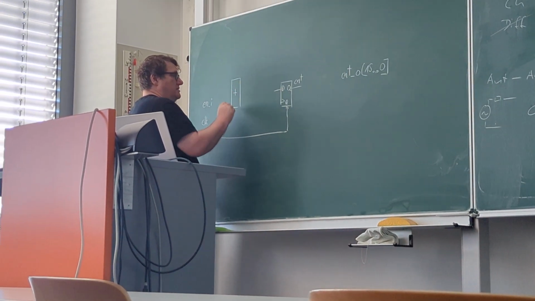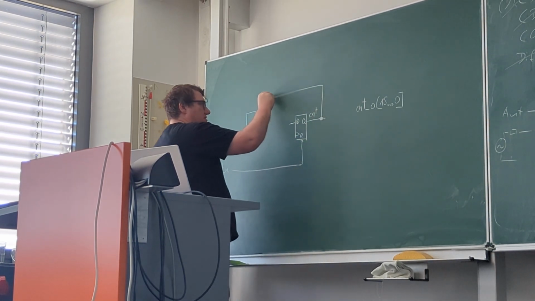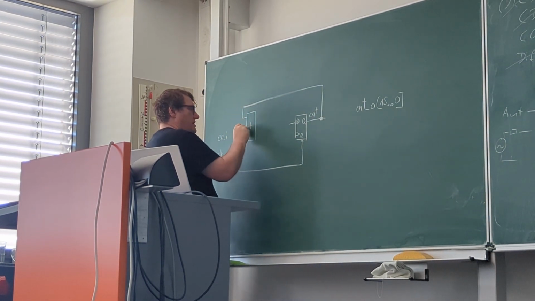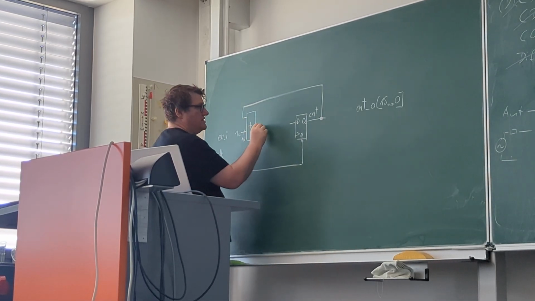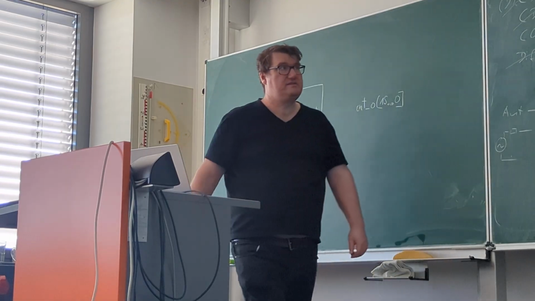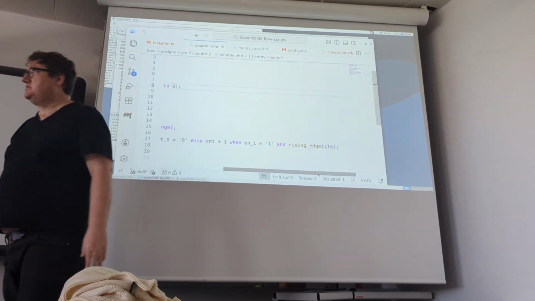This translates to an adder. We have here a count signal, with 16 lines. Here is an enable. If I would just connect it like this, then I would ignore this enable. That would be just a counter.